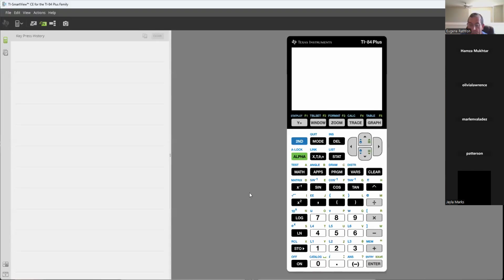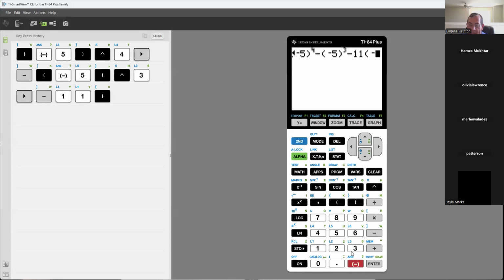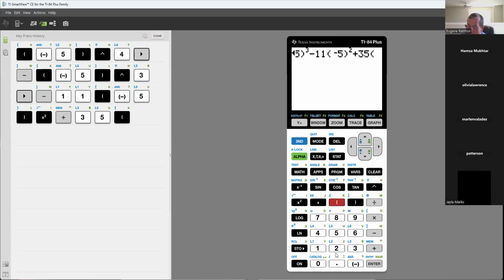So I had x to the fourth, so that would be negative 5 to the fourth, minus negative 5 to the third, minus 11 times negative 5 squared, plus 35 times negative 5, minus 39.